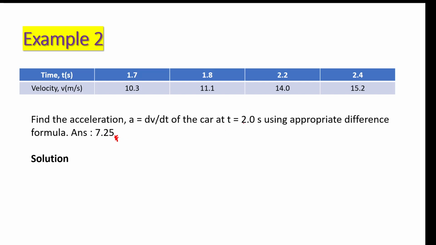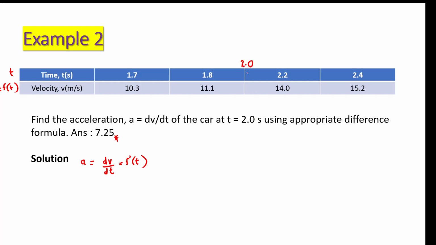V is a function of t, and A is dv/dt. So you want to find the first derivative f prime t, and then find dv/dt at t equal to 2.